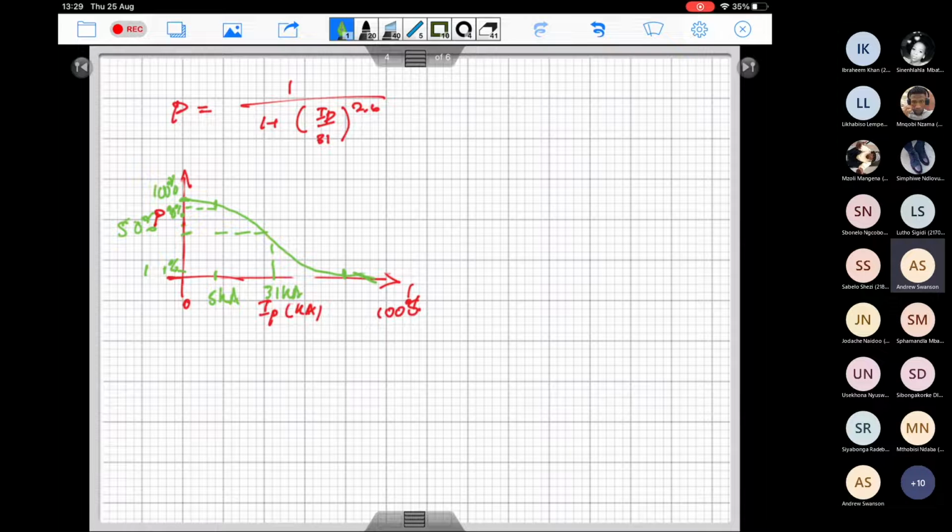So only 1% of strikes will occur above 100 kiloamps. That's what that equation is saying. So if we just look at IP equal to 31, 50% of strikes will occur above 31 kiloamps.